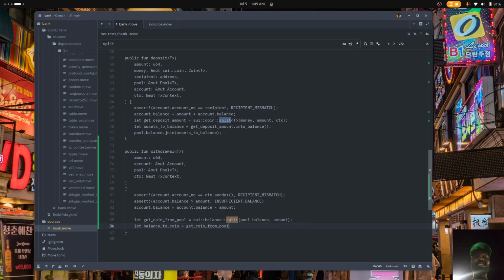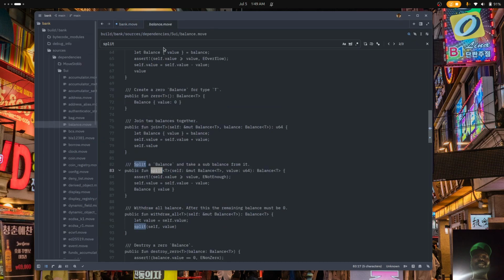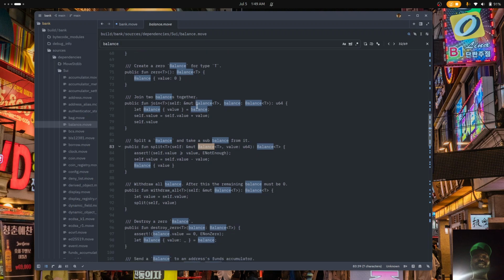Okay, so balance to coin. So we'll find a function and see how it goes.